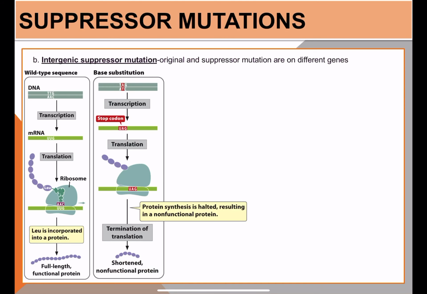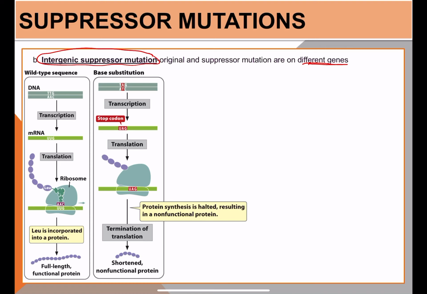Okay, now the other type of suppressor mutation is called the intergenic suppressor mutation, which is when the original and suppressor mutation are on different genes. Okay, intragenic suppressor mutation was the same gene and in three different ways.